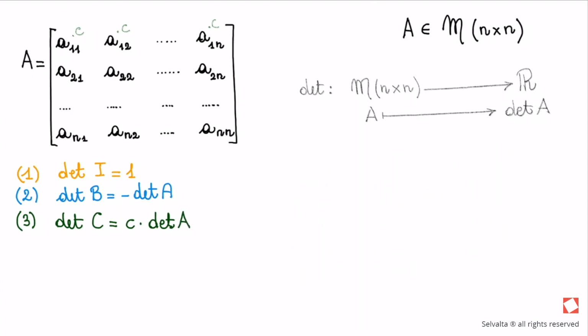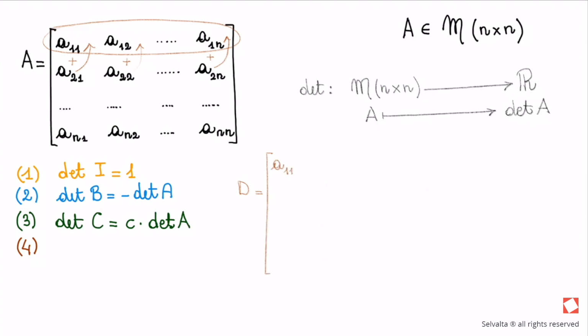The fourth property of the axiomatic approach concerns a new matrix D that has been obtained changing the first row of A with a row that has been obtained by adding the first and the second, for instance, row.